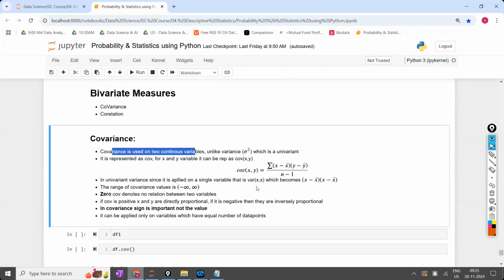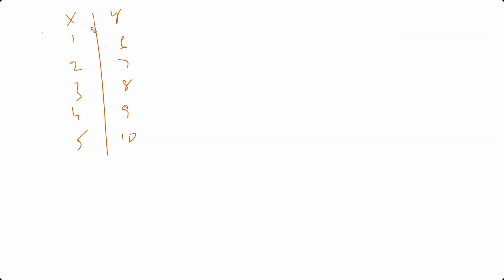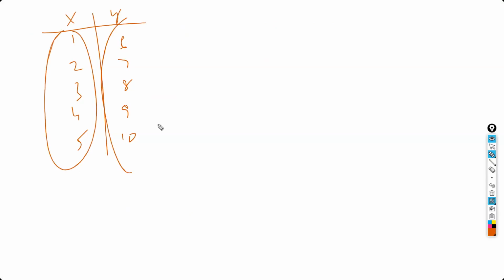Let me explain with a simple example: 1, 2, 3, 4, 5, 6, 7, 8, 9, 10. These are the two columns, X and Y. Here I have some variance, and here also I have some variance individually. So how much the variance of one variable with respect to the other variable is more or less.